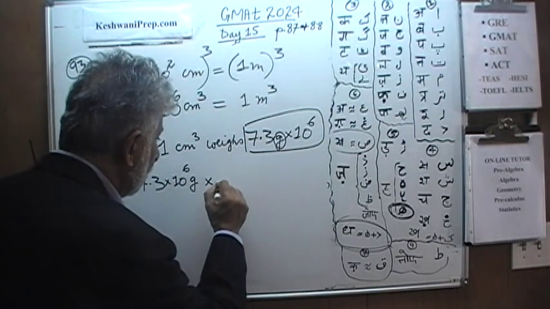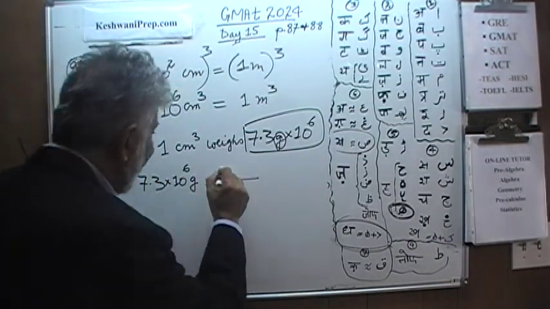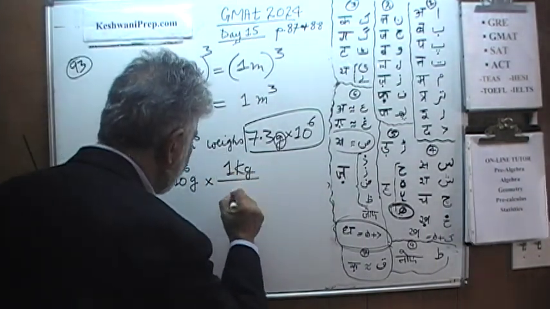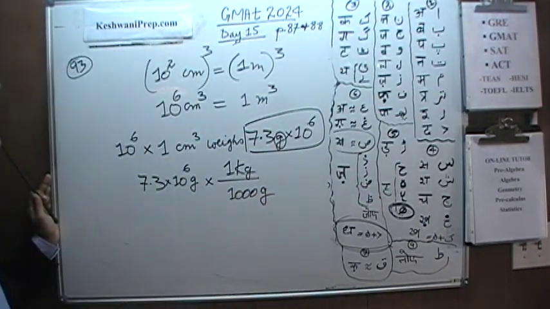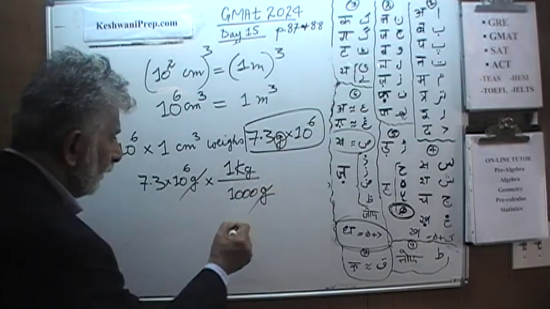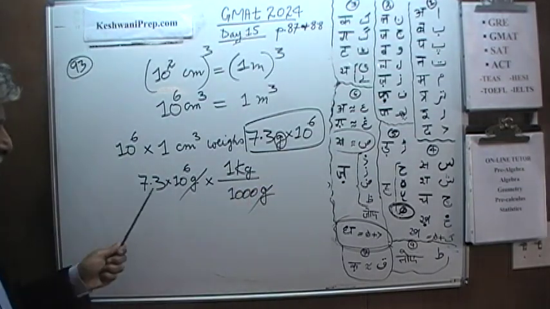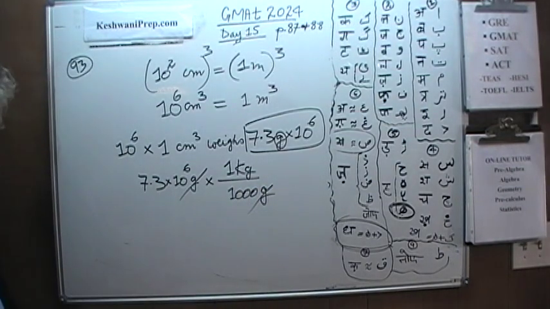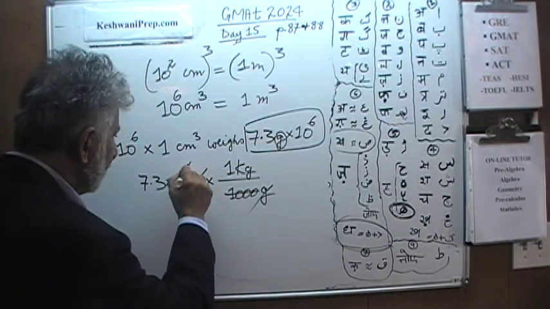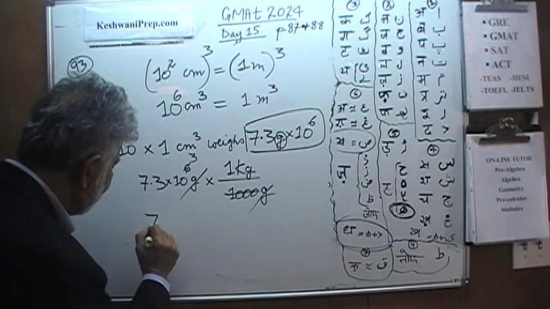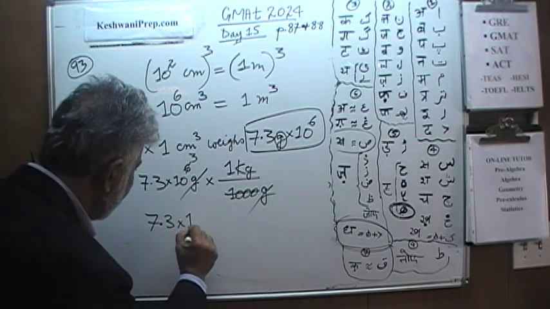And we know that 1 kilogram is made up of 1000 gram. Now we're getting someplace. Gram will drop out, we are left with kilogram. In other words, we have to divide this quantity by 1000. Very straightforward. Divide top and bottom by 1000, and this 6 will become 3. And what we are left with is 7.3 times 10 raised to 3.